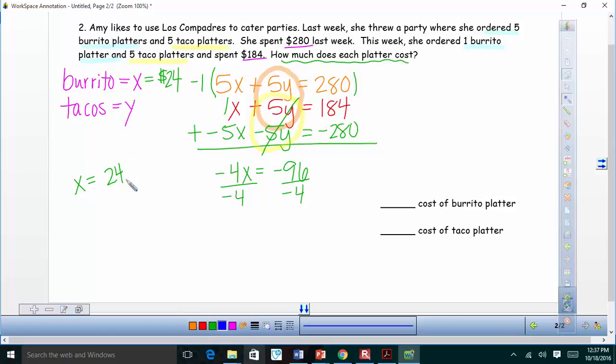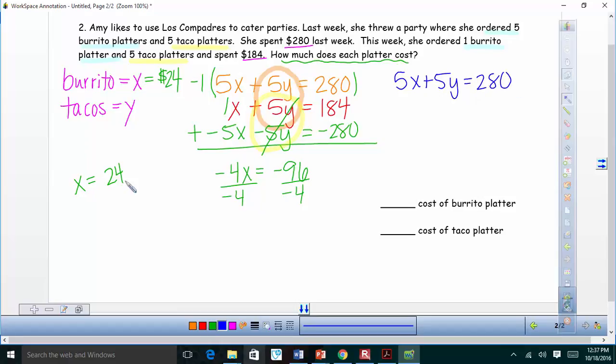Okay? Now, what am I going to do with x? I'm going to plug it back into the original. So do we want to use the orange original or the red original? The orange. So we're going to do 5x plus 5y equals 280.